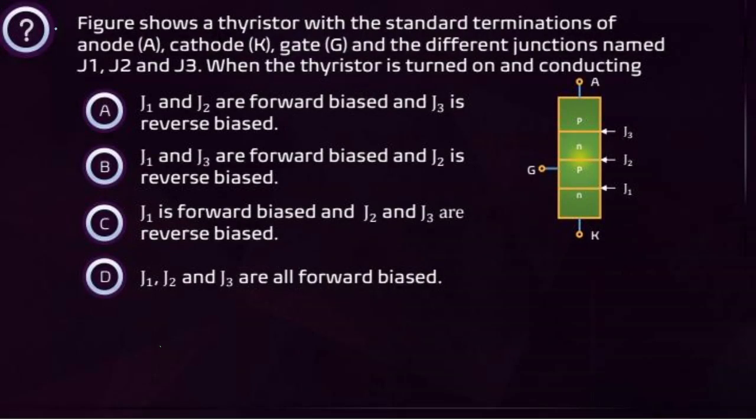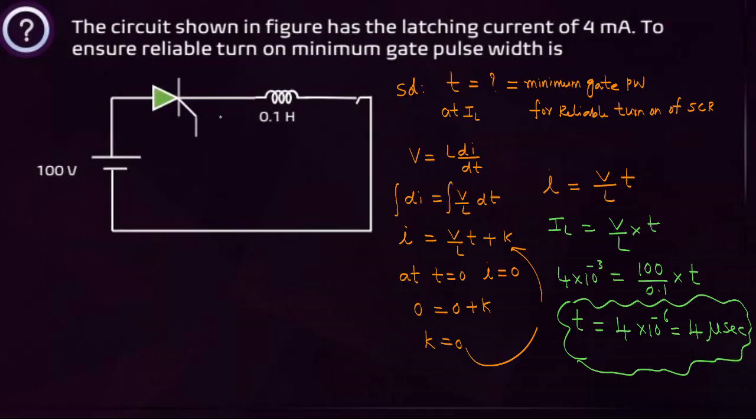Here I have given one question. If the SCR is under conduction mode, all the junctions are forward biased. Here you have to find the time corresponding to latching current. Very simple. Simply remember, gate pulse width depends only on the inductance. You apply V equal to L into di by dt, and substitute the latching current, which is 4 milliampere.